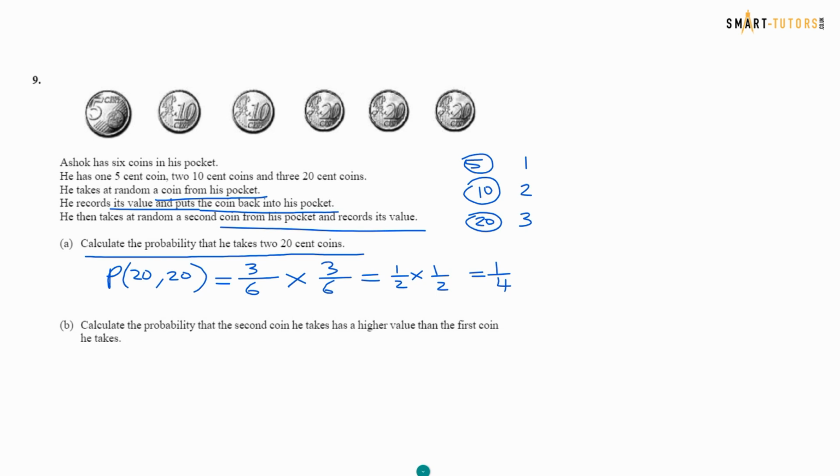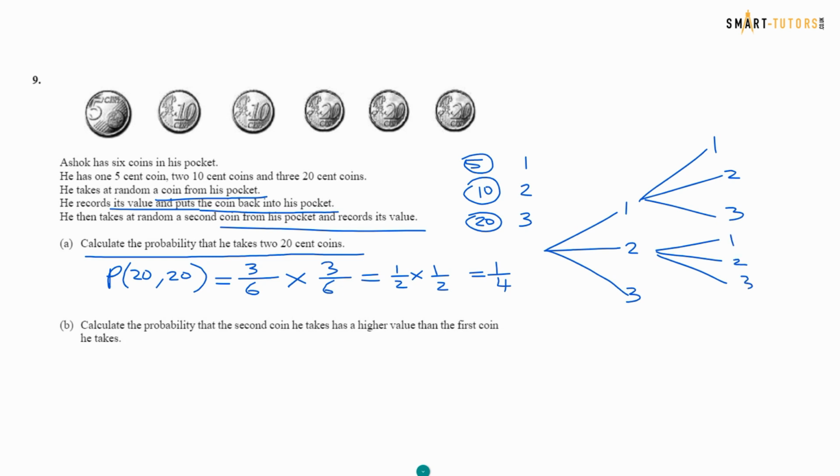So you can do an experiment with a tree diagram, but that takes time. But I will try to explain to you how it's going to be if you are drawing. So 1 2 3, and this is going to be 1 2 3, and this is going to be 1 2 3, and this is going to be 1 2 3, right?